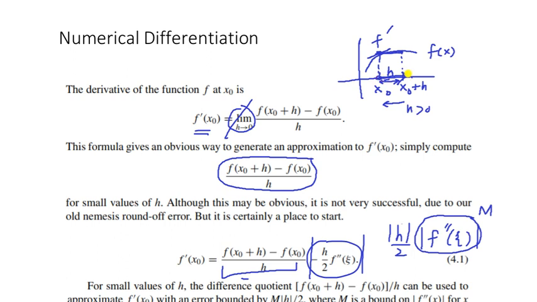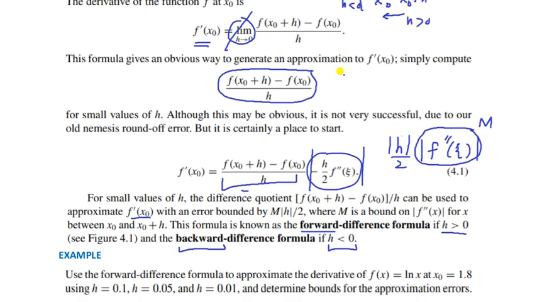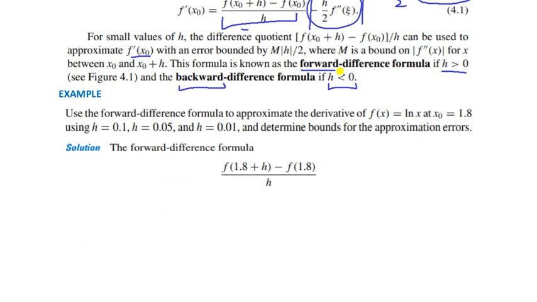From this point I am going to the right side, so it's a forward difference. But if I take h to be negative, I will go to the left side, so that is the backward difference. It depends on whether h is positive or not. If h is positive, it's forward difference; negative, backward difference.